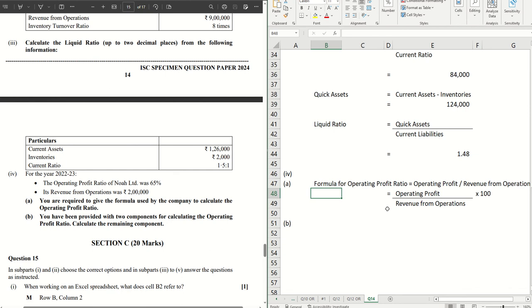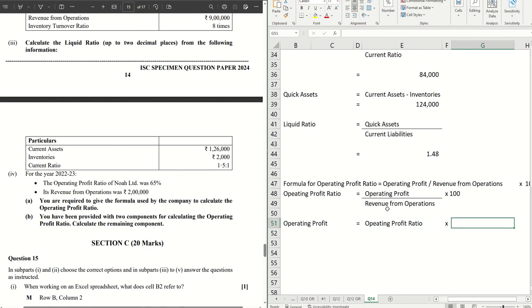We have the operating profit ratio given to us. We have to calculate operating profit. So let's readjust the formula. Operating profit equals operating profit ratio into revenue from operations, right? Okay, let's do it.